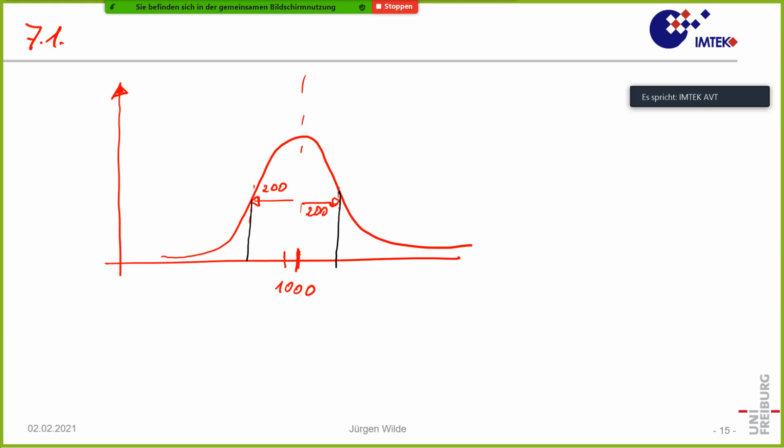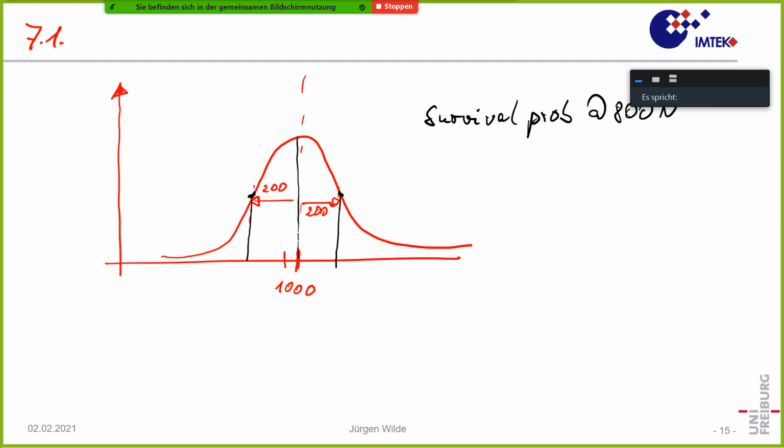Standard deviation in a normal distribution, it's the inflection points here. And what do we know about that normal distribution? So that's the question.